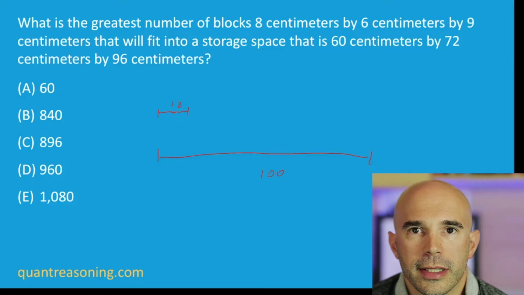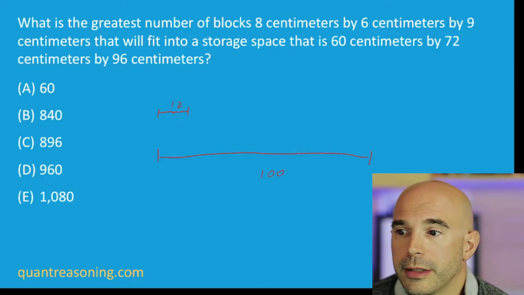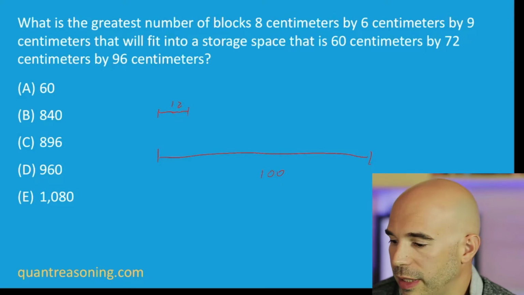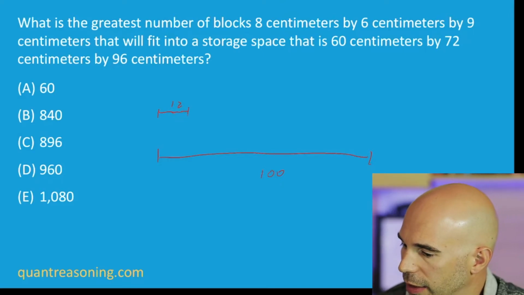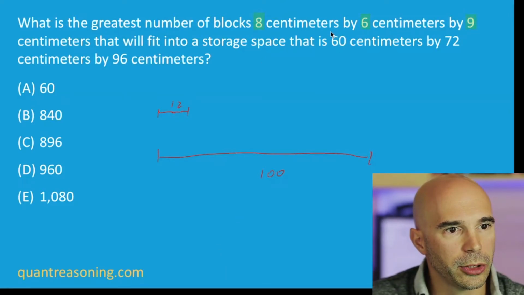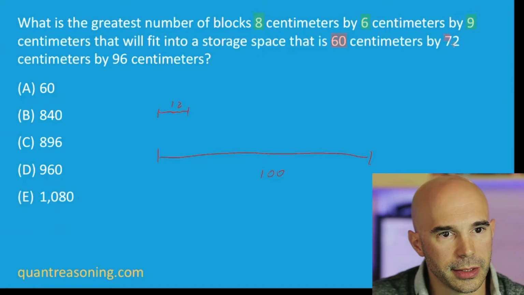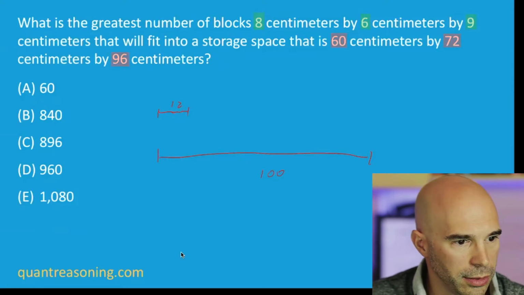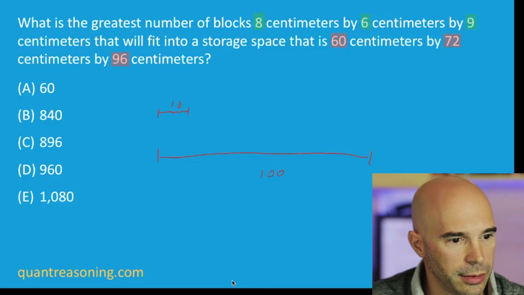This logic that says, if I want to really maximize, if I want to be as efficient as possible, I'm wishing for a situation in which the dimension that I'm trying to fit into is a multiple of the length that is going into that dimension. Okay, because that logic should help you decide which of the green numbers should go with which of the red numbers in order to get the greatest number possible.